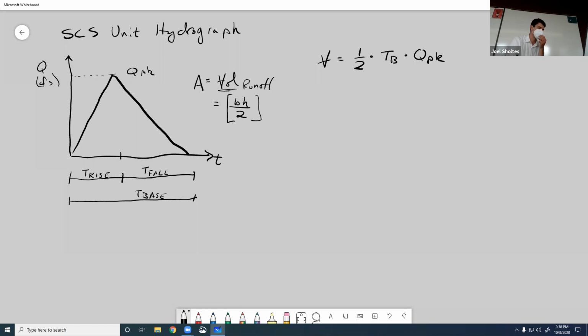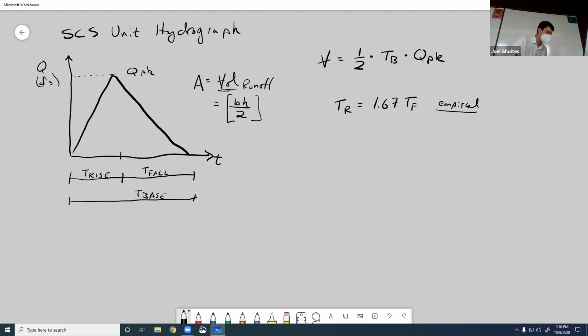And doing a bunch of statistics, they came up with this. They said TR is equal to 1.67 T fall. So it's just a little bit wider. You come up fairly quickly, and then you have this nice recession curve. So this is going to be an empirical relationship from the SCS method.